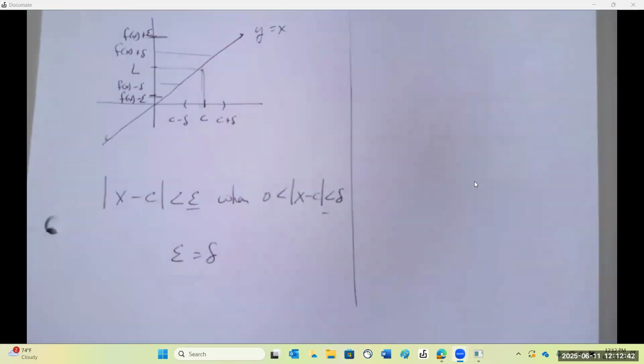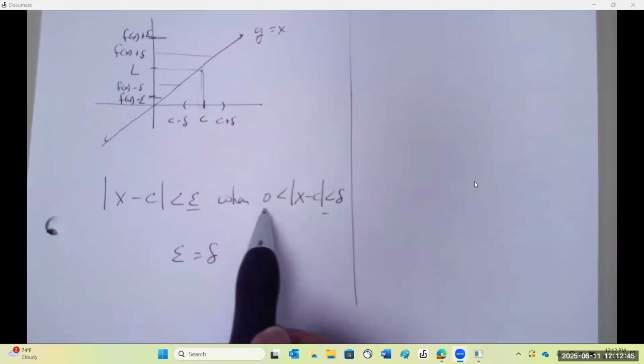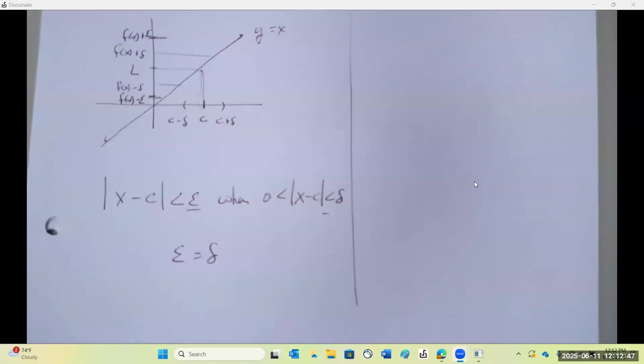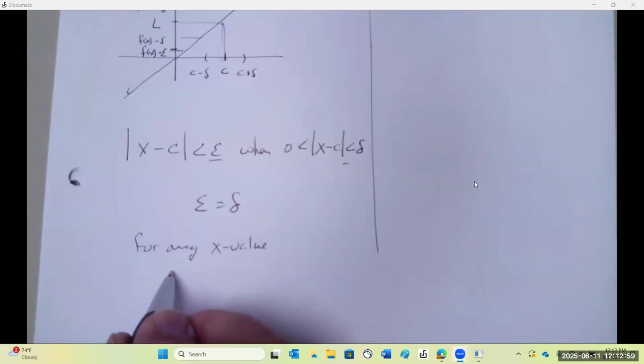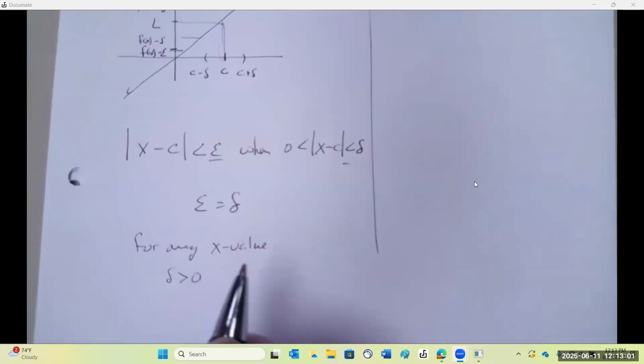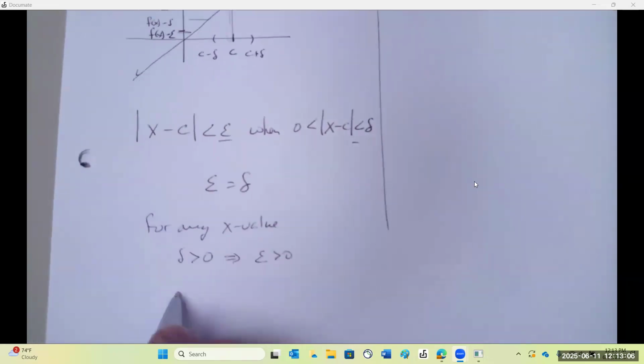Will it ever equal 0? No, because it can't equal 0. It's got to be greater than 0. So for any x value, delta greater than 0 implies that epsilon is greater than 0, and f(c) will equal the limit. That's what it's telling us.